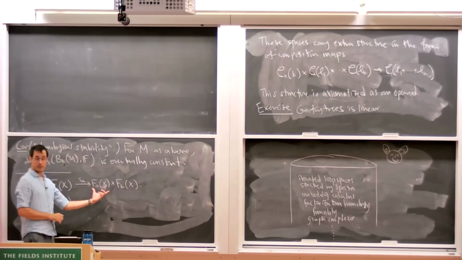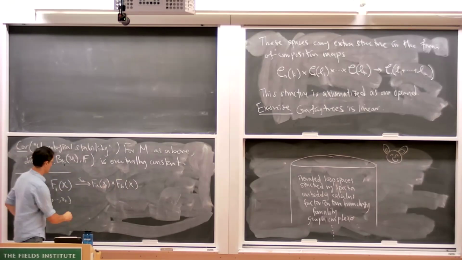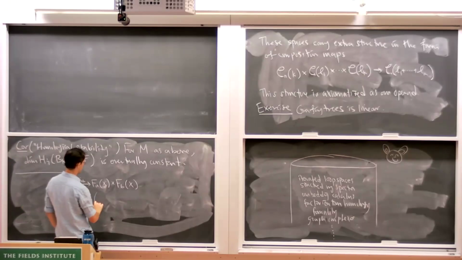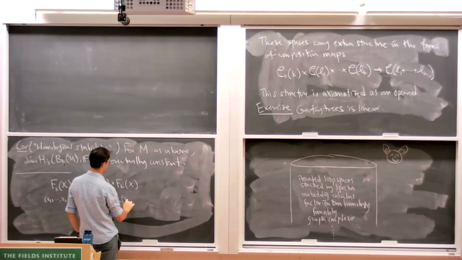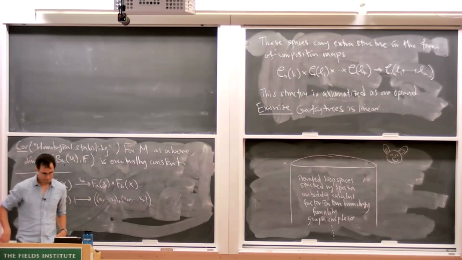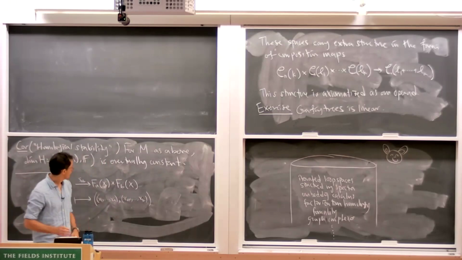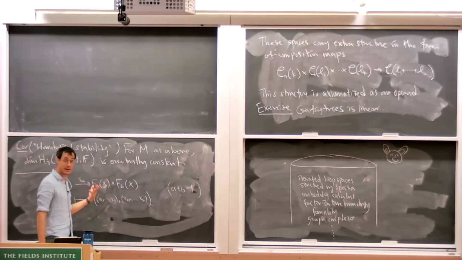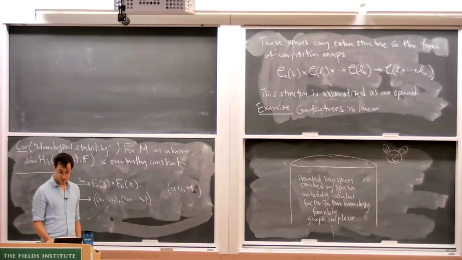It goes to the product of 2 different configuration spaces, and what it does is it takes this tuple and puts 2 parentheses in it. The first configuration is x1 through xa, and the second configuration is x_{a+1} through xk. I have such a map anytime I can write k as the sum of 2 natural numbers.